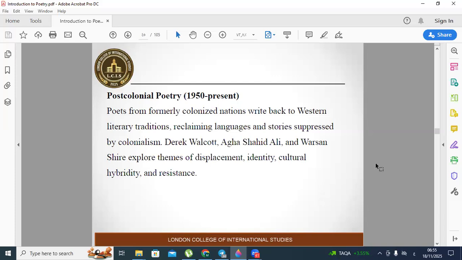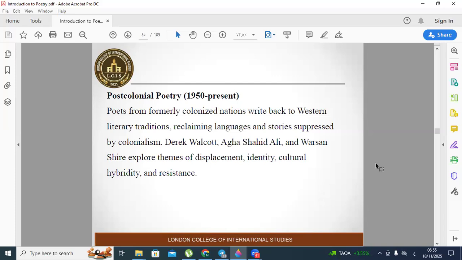They often write in colonizers' languages, English, French, Spanish, but transform those languages to express their own experiences and challenge colonial narratives. Walcott writes, "I am poisoned with the blood of both, where shall I turn, divided to the vein," capturing the complexity of post-colonial identity.